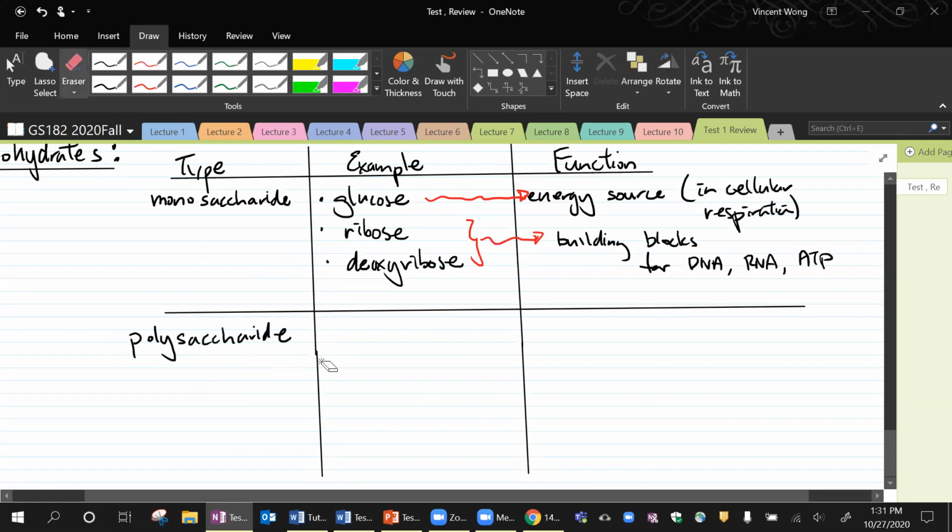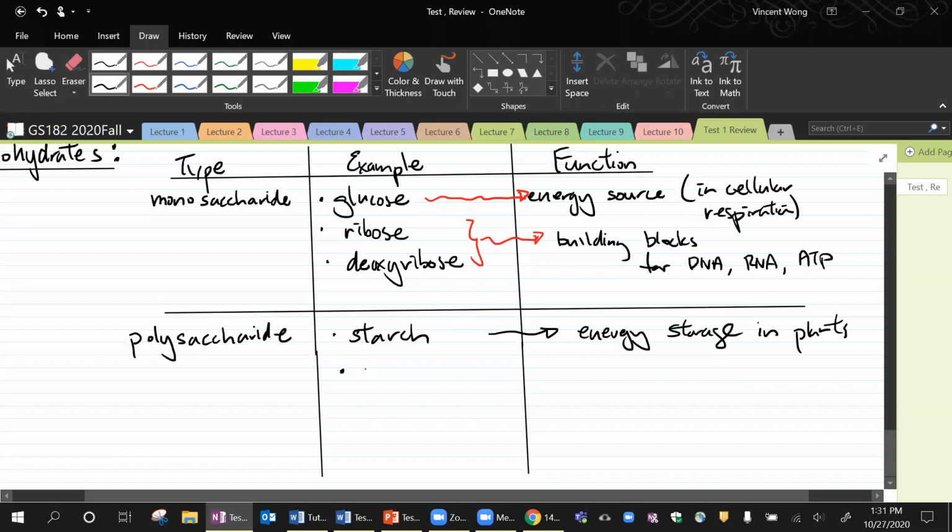Okay. So someone mentioned starch. Okay, so starch is for energy storage, mostly in plants. Okay, humans don't have it, of course.